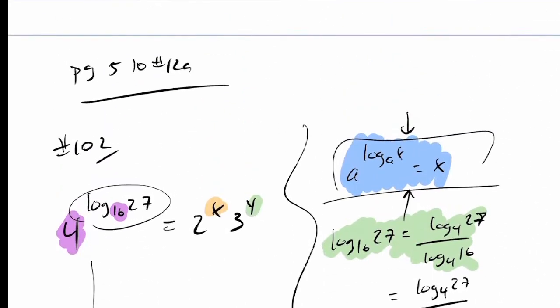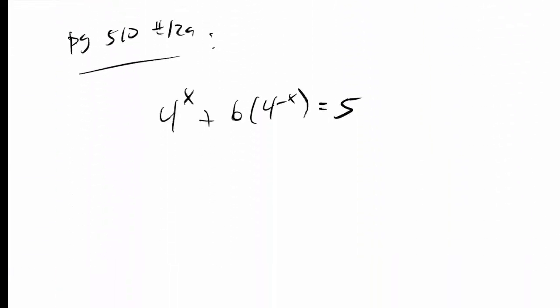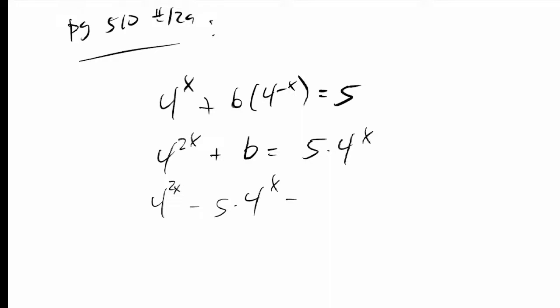It's the same strategy that I used with Leanne's question, this kind of messier one. So you multiply across by 4 to the x, you get 4 to the 2x plus 6 is 5 times 4 to the x. And you can bring everything to one side. And then you can treat this like a quadratic.